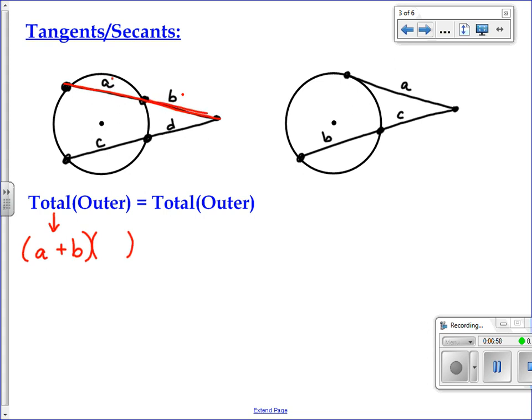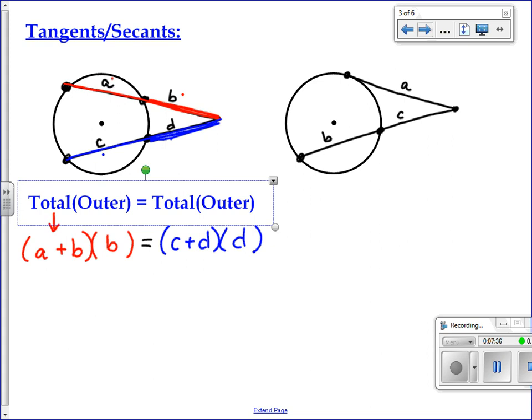The outer part, the part outside the circle, is B. That's going to equal the same thing for the other secant. If I look at the other secant, the total is going to be C plus D, and its outer part is going to be D. And again, this would just be algebra. If I give you numbers, you would just plug in the numbers and follow the property.